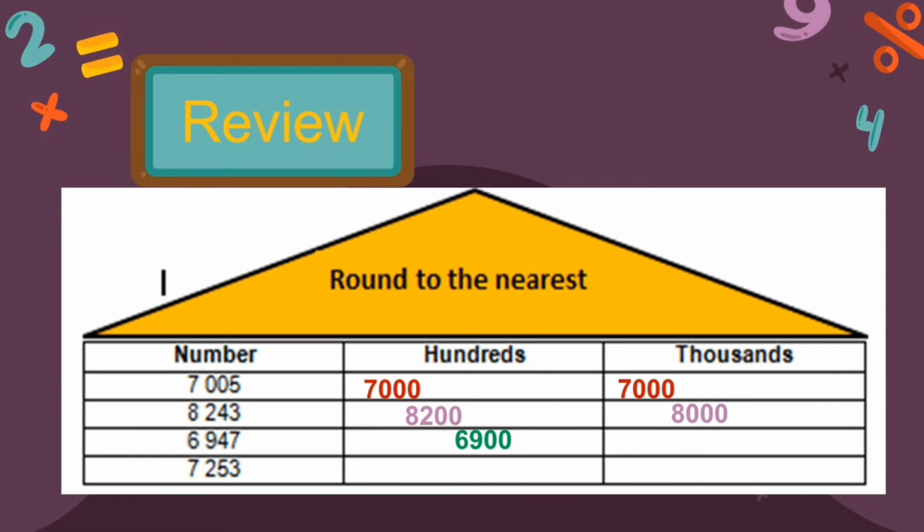Very good, 6,900. And round to the nearest thousands. Correct. The answer is 7,000. Next, 7,253. Round to the nearest hundreds. What is the answer? Very good, 7,300. And round to the nearest thousands. What is the answer? Very good, 7,000.